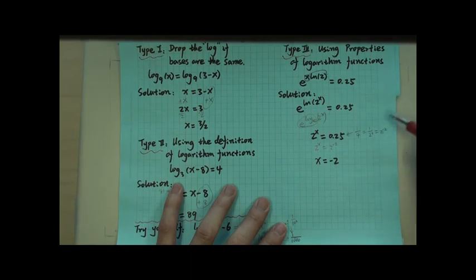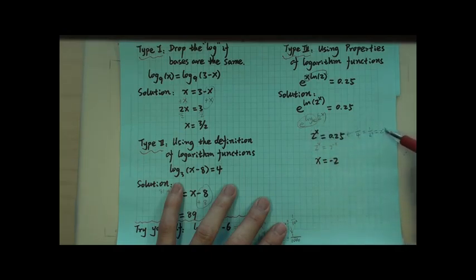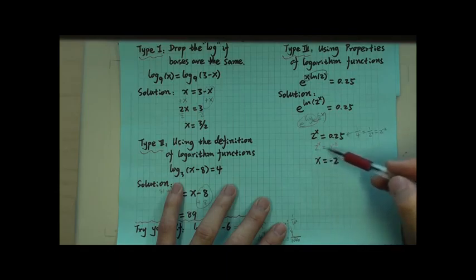And remember, 1 over 2 squared is 2 to the negative 2, because the negative gives us a 1 on the numerator, and downstairs is just 2 with exponent 2. So we know 2 to the x on the left hand side is 2 to the negative 2. Since those two bases are the same, then x must be equal to negative 2.